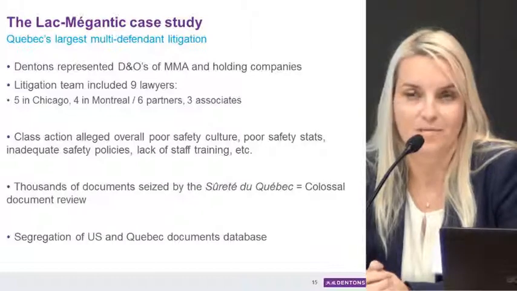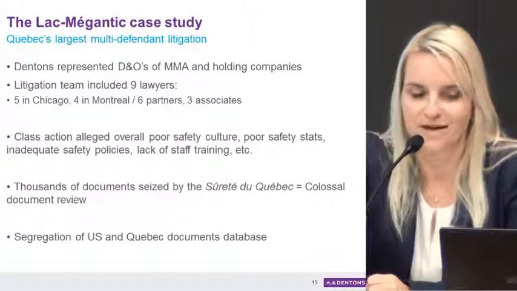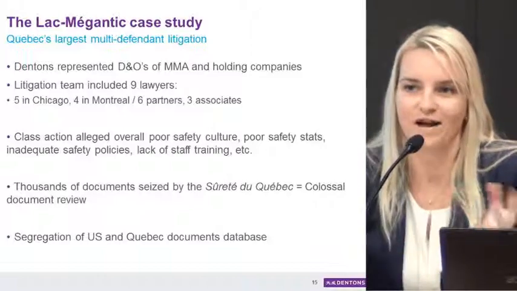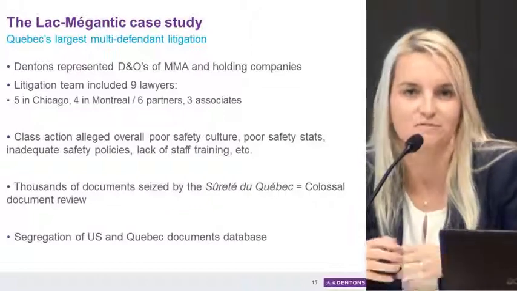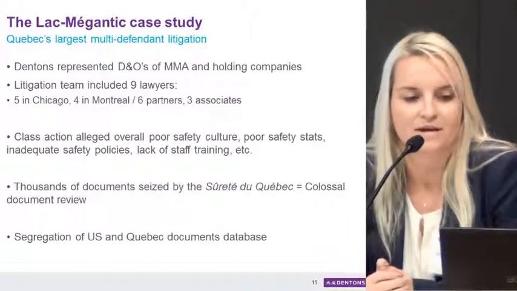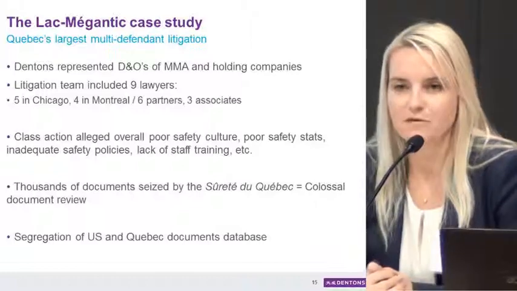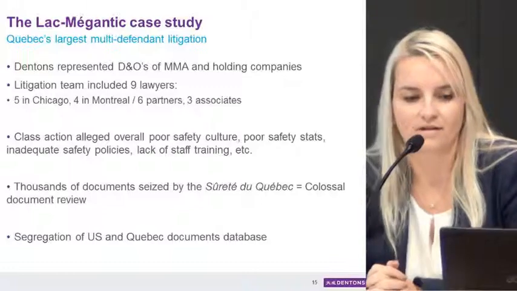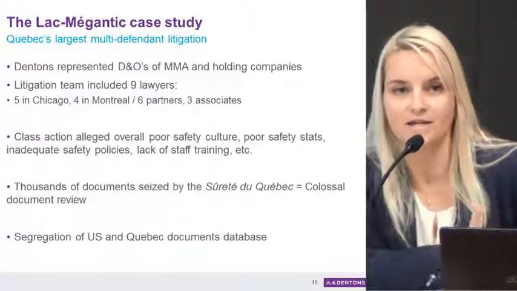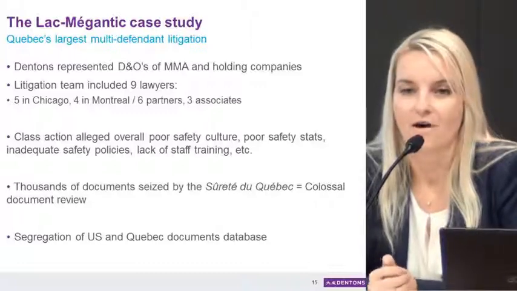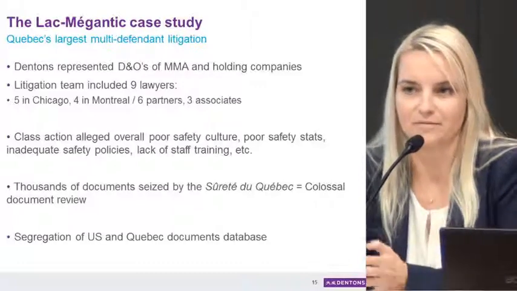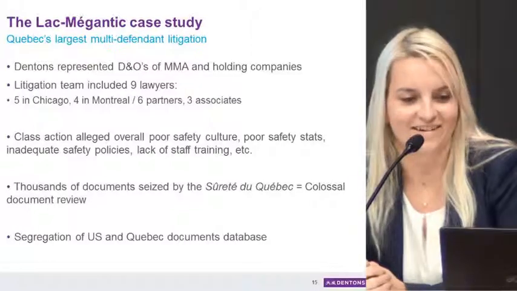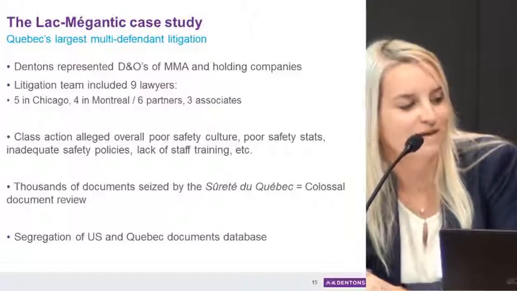We didn't use iPro because our U.S. Chicago office is using Relativity, so we had to find something that we were both using, that we would be able to use on both sides. And we also had to make sure that we kept the documents that came from the U.S. side apart from the documents that came from the Canadian side. And vice versa. Yes. And Anthony will explain why we had to do that.